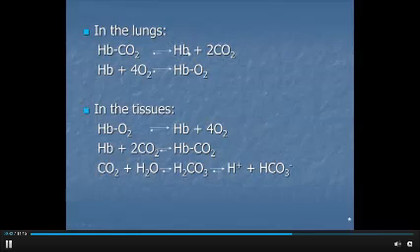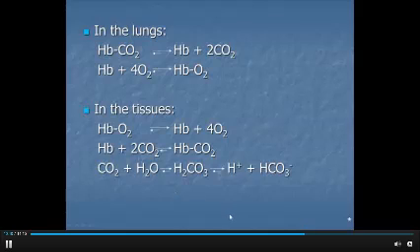The reduced hemoglobin then picks up oxygen, turning into oxyhemoglobin. Oxyhemoglobin is transported to the tissues, where it dissociates into the reduced hemoglobin and the oxygen that travels into the cells. Whereas reduced hemoglobin picks up the carbon dioxide producing carbaminohemoglobin, and then of course travels to the lungs.